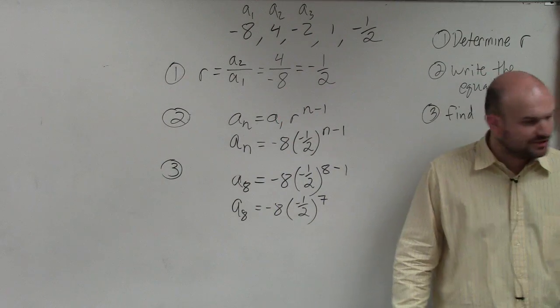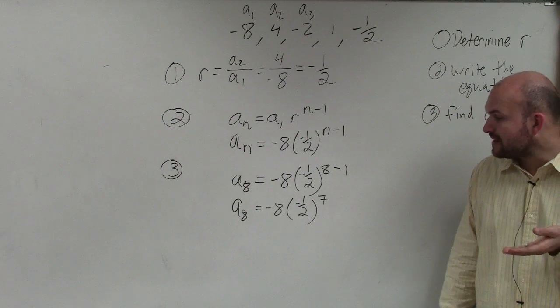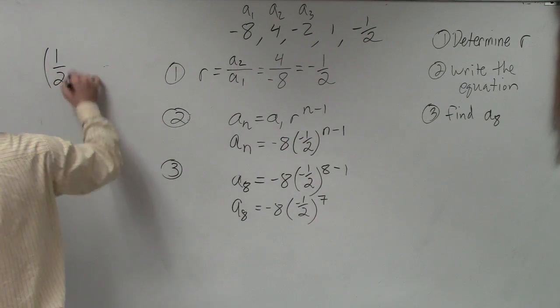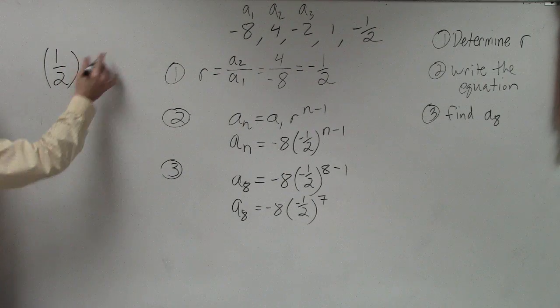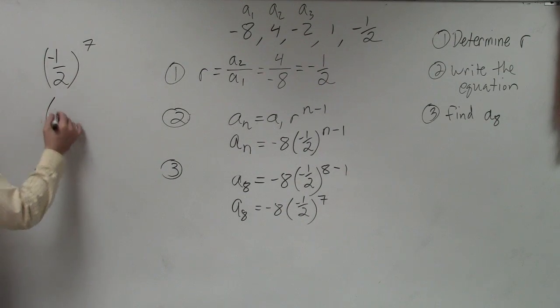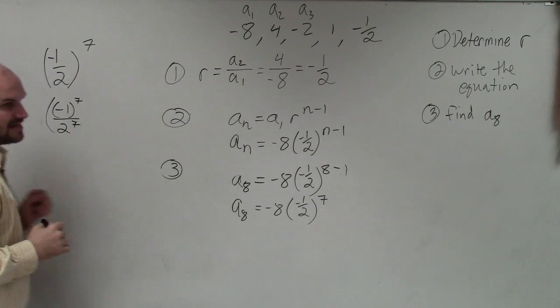Now, why would I like to use fractions rather than using decimals? The reason being is fractions, especially fractions and powers, they have what we call the power of a quotient property. And what this states, let's pretend this is -1 over 2, that this is -1 to the 7th over 2 to the 7th.